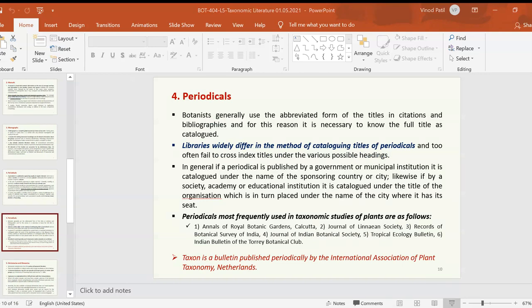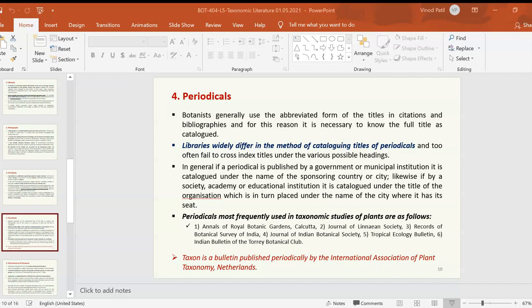Again, here botanists generally use the abbreviated form of the titles in citations and bibliographies. So many times, abbreviated forms of the titles of these periodicals can be sought at the end in the form of references or bibliographies. And for this reason, it is necessary to know the full title as catalogued.